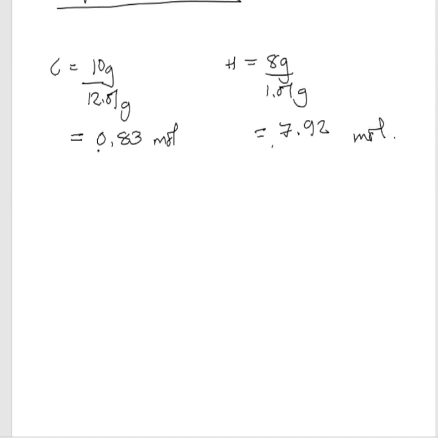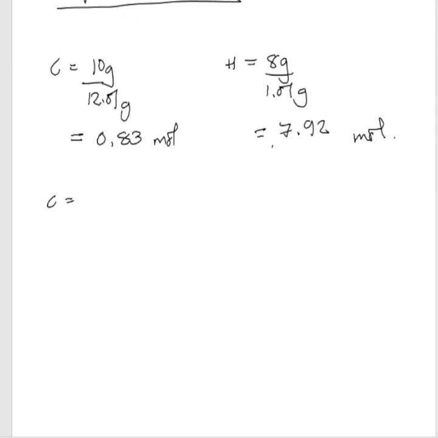We're going to check which one is the smaller one. The smaller one is 0.83, and this one is greater, which is 7.92. So to represent it in simpler ratios, we're going to divide by the smallest one, which is 0.83. Sorry, let me correct this: it's 0.83, not 0.083.